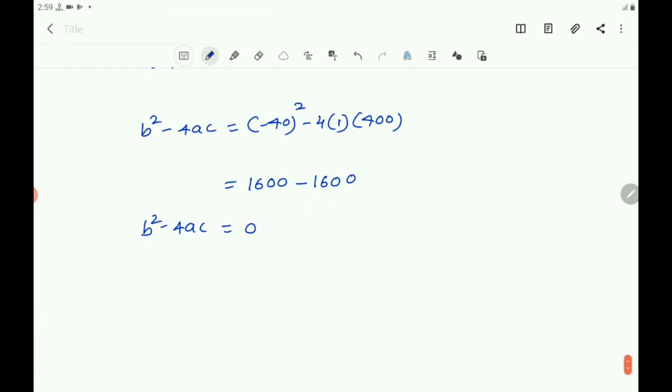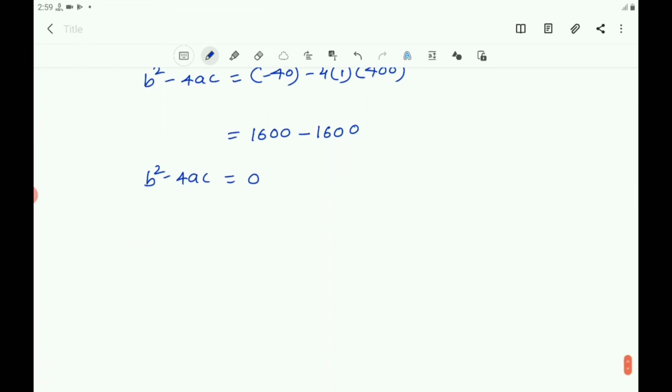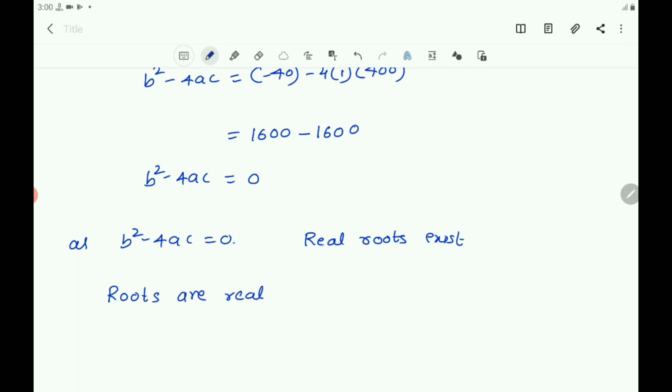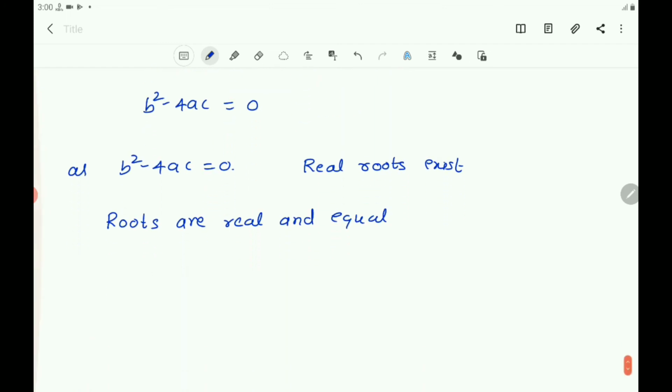As b square minus 4ac equals 0, you know that the real roots exist and they are equal. Why are they equal? Because b square minus 4ac equals 0.